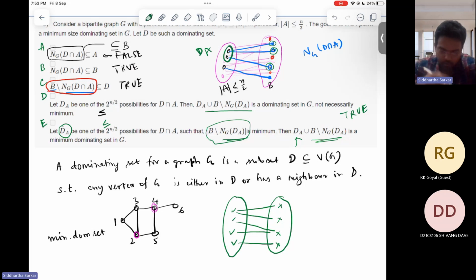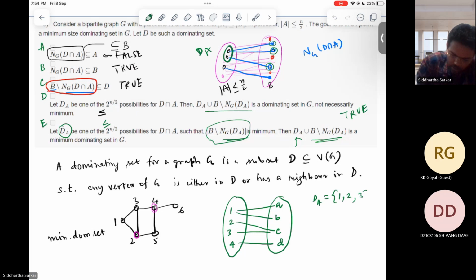So here is an example that will falsify this statement. Consider dA as 1, 2, 3.